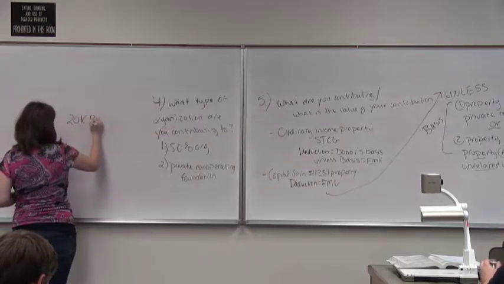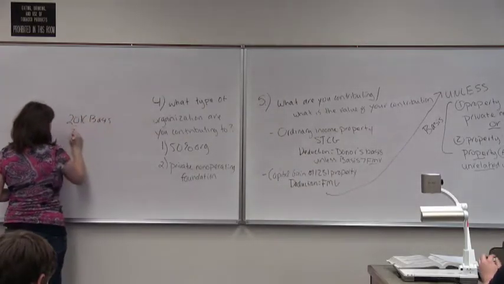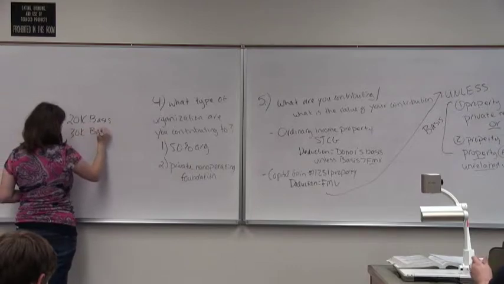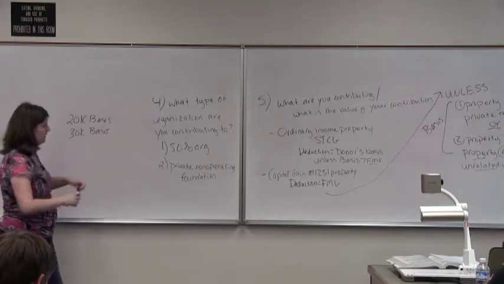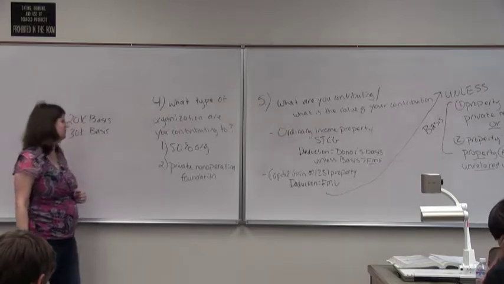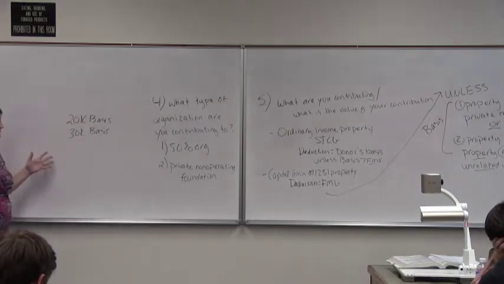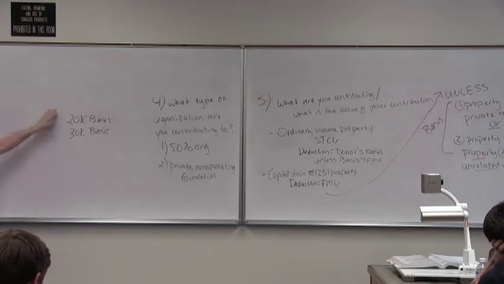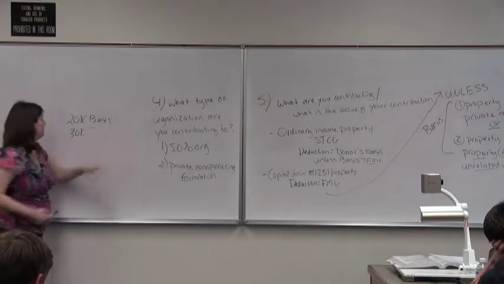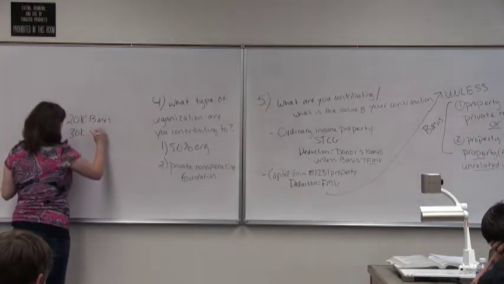So that's her basis, right? It is worth $30,000. She contributes it to a museum, which is a 50% organization, and the art museum puts it on display. Five years later, they sell it. So she wants to know, how much is her contribution going to be here? Is it going to be the basis, or the $30,000 fair market value?